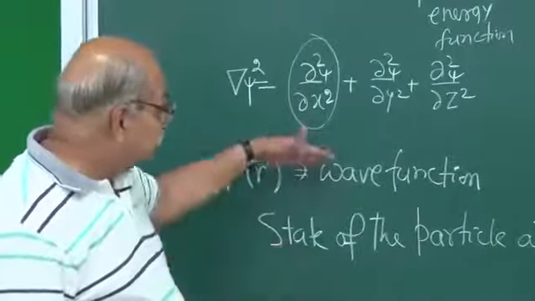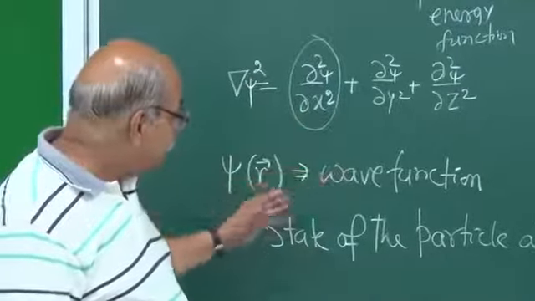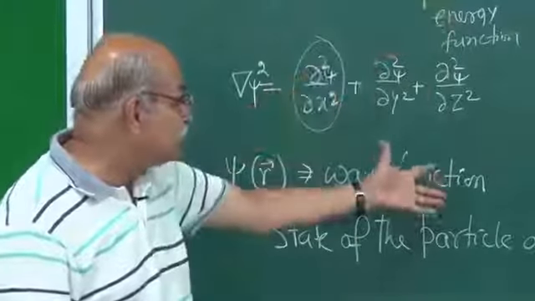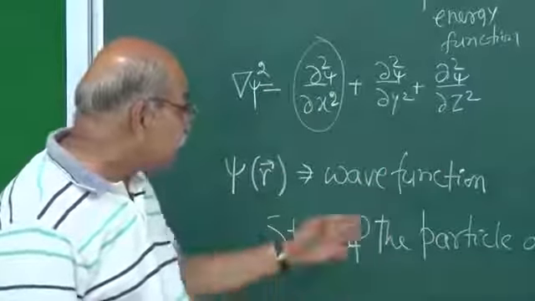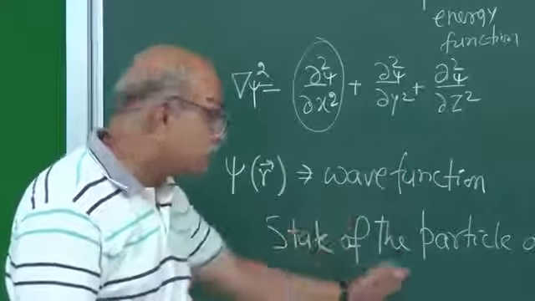So the central idea is that this wave function, which is a function of a space point, a function of x, y, z, is the description of the state of the particle.